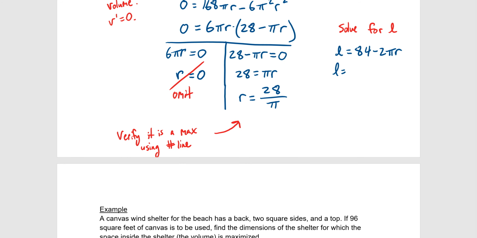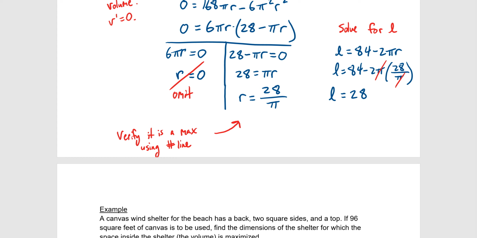That's going to be length is 84 minus 2 pi times 28 over pi. Solving this is kind of nice because the pi's cancel. 2 times 28, we get 56. And 84 minus 56 will give us 28.